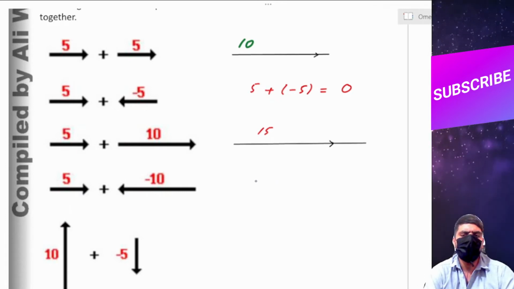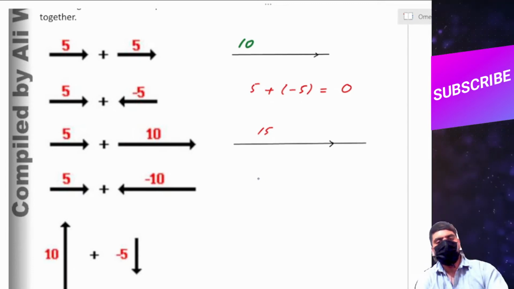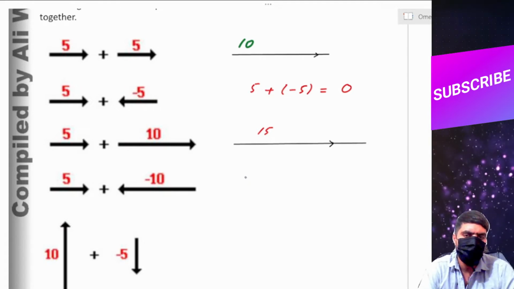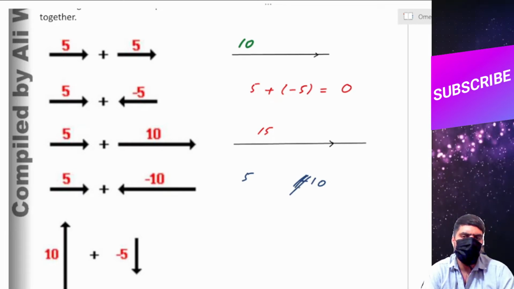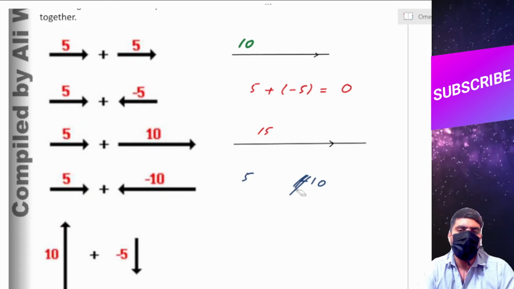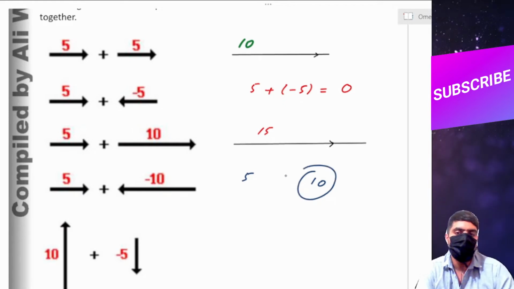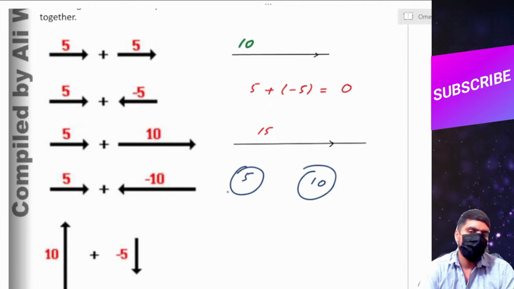Basically, the magnitude of minus 10 newtons is double the magnitude of 5 newton. Like I said, the negative sign just represents direction, so just ignore the negative sign. It was just there for the direction. Now in terms of the numeric value, this force is twice the size of this one.